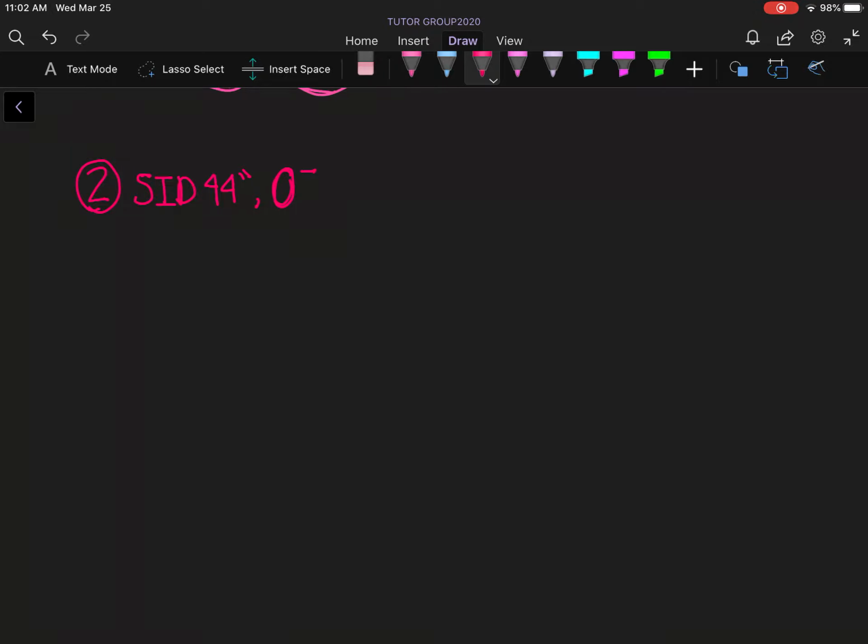Your OID is 2 inches. Your image length is 3 inches. So what we're looking for is the object length. So, first step.